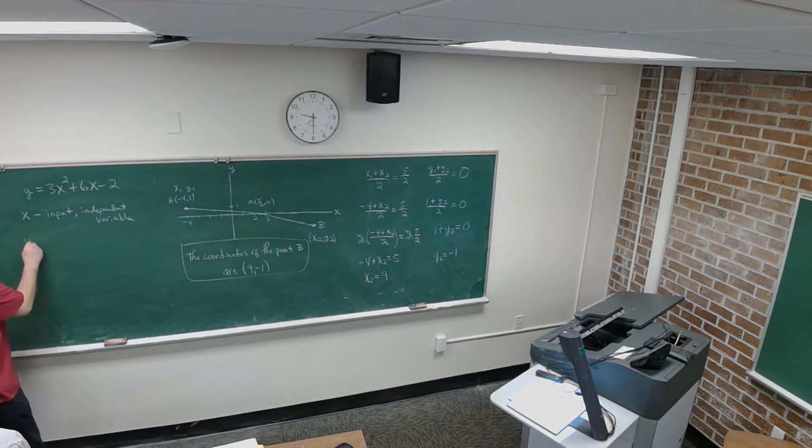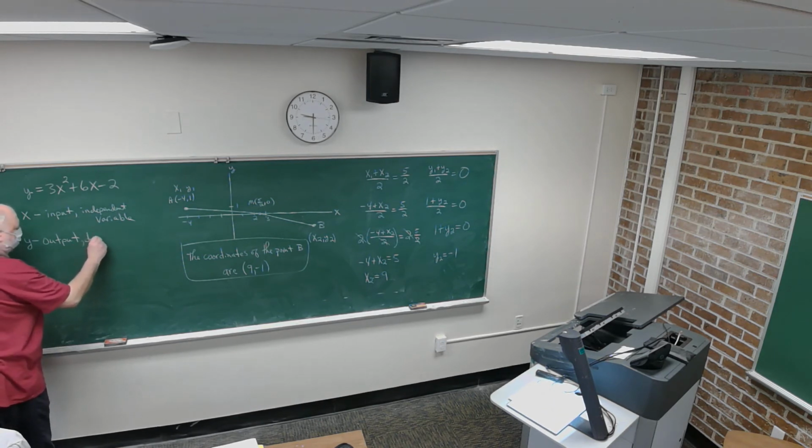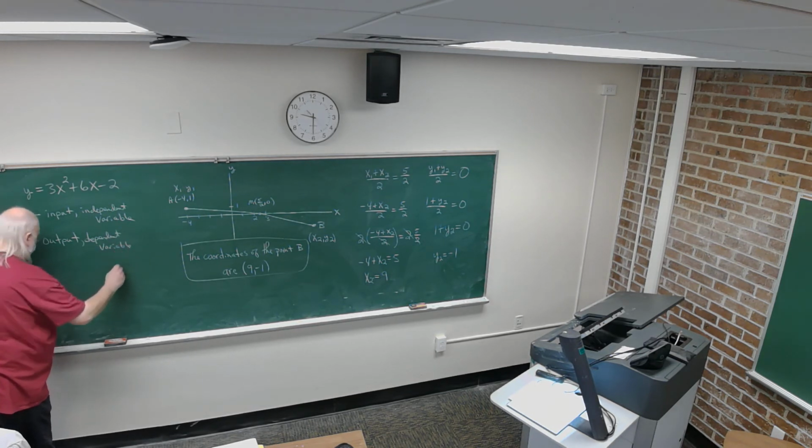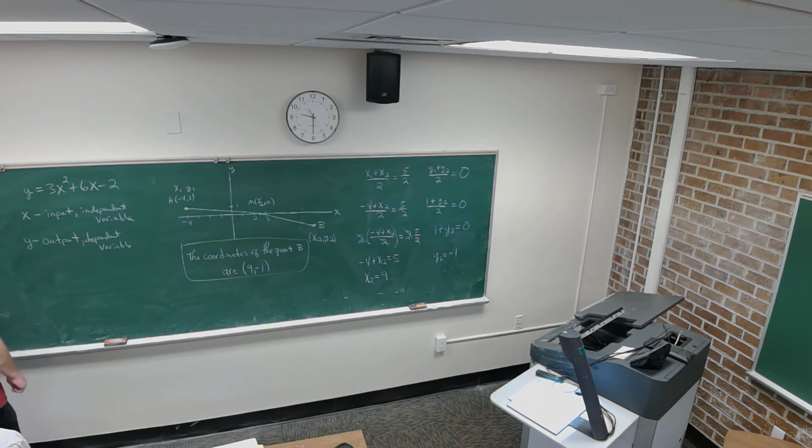And y, conversely, is called the output variable or the dependent variable. And so the graph, what's the graph of this quadratic equation in two variables? It's a graph of a what? Parabola. It's U-shaped, okay?